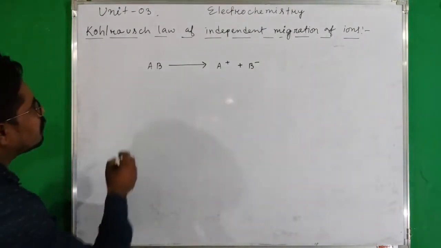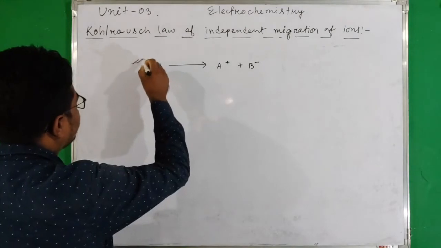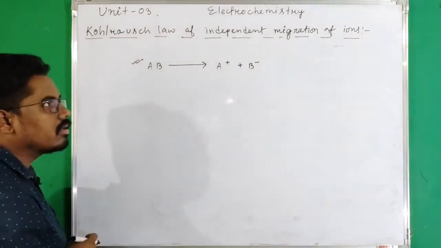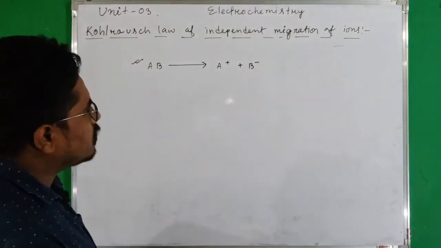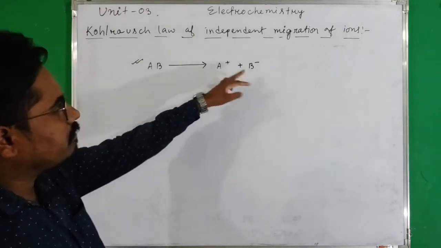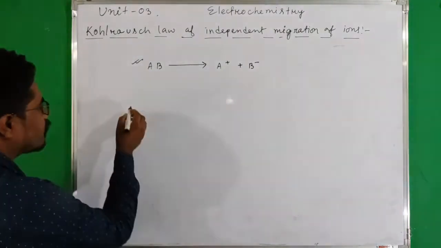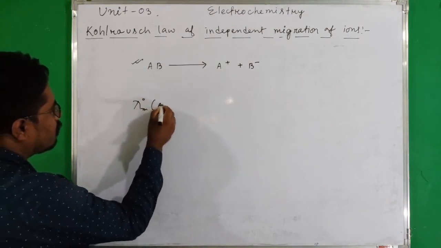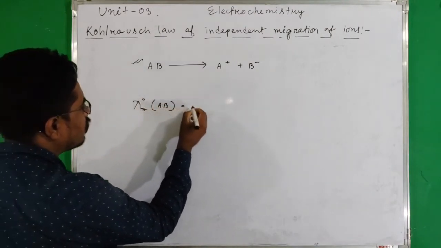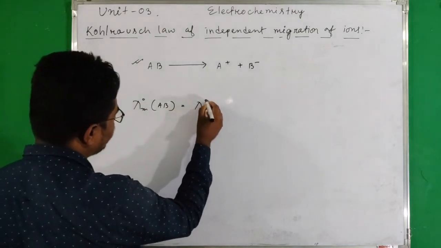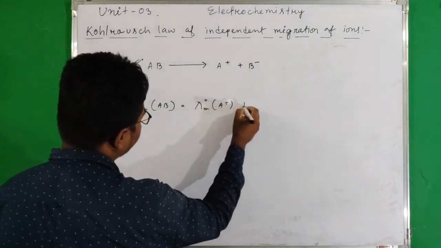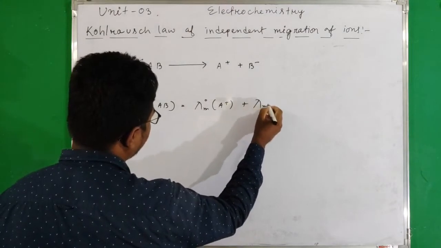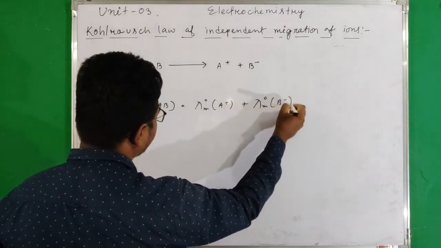Suppose we have an electrolyte AB, and when the electrolyte dissociates it gives A positive and B negative. Then according to Kohlrausch law, lambda m naught for AB is always equal to lambda m naught for A positive plus lambda m naught for B negative.